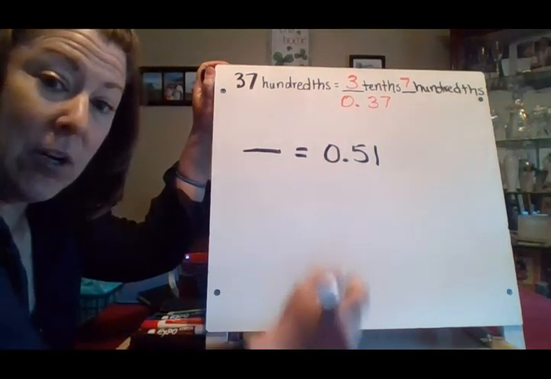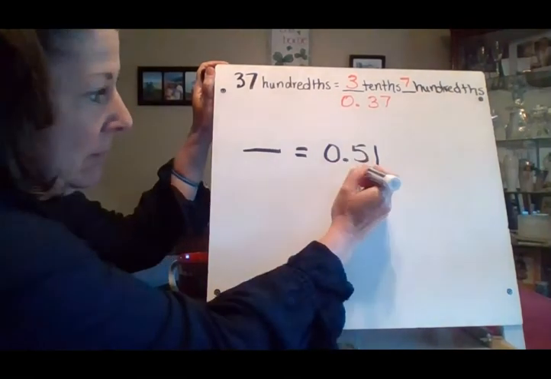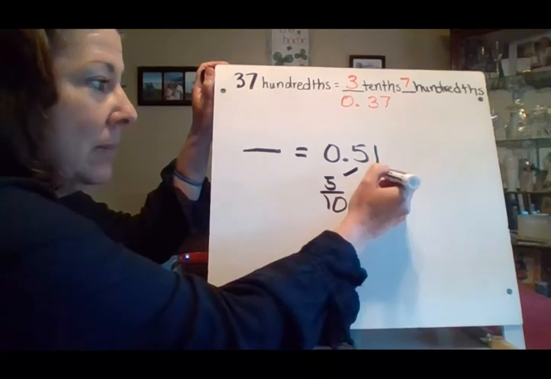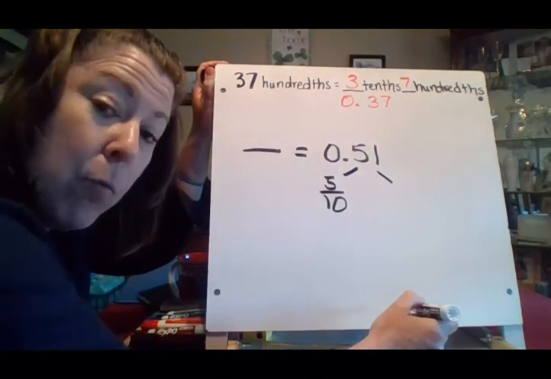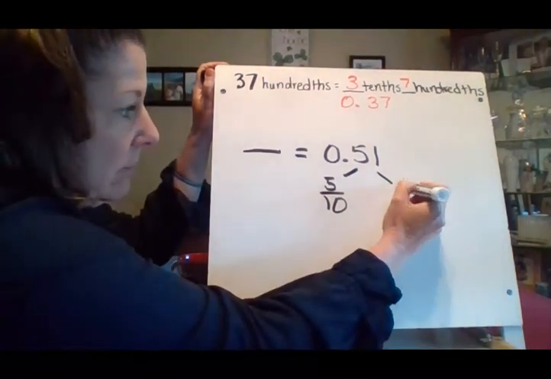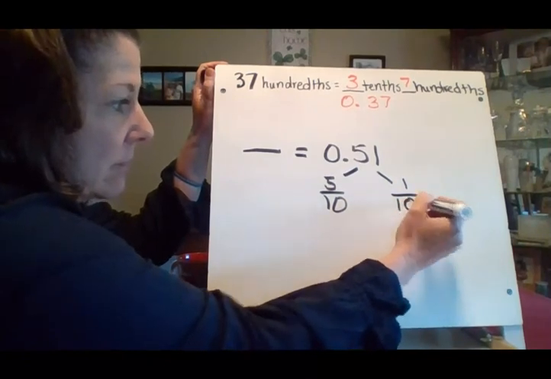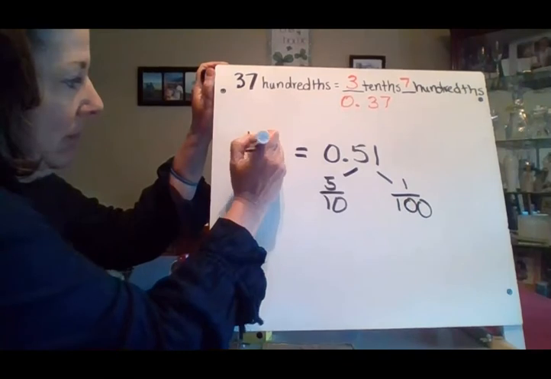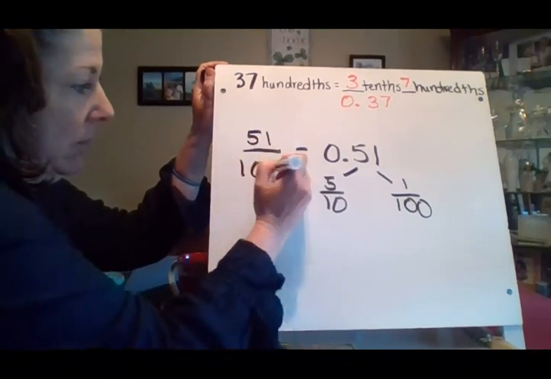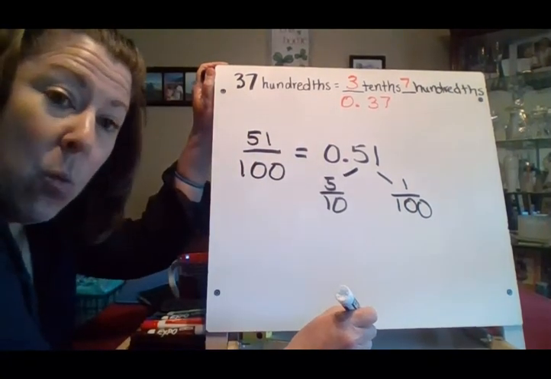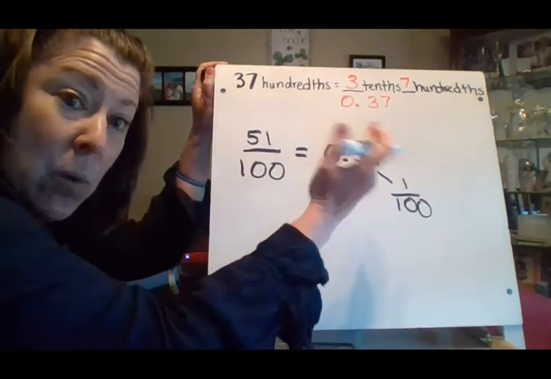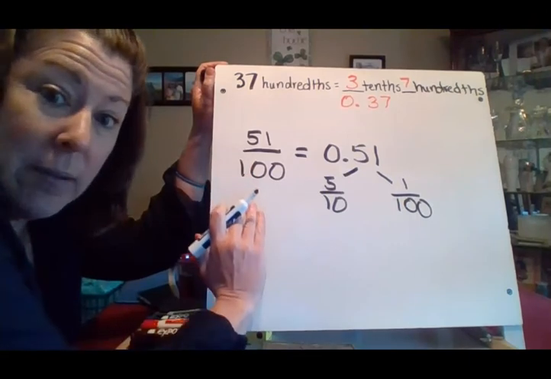Well, I have 5/10 and I have 1/100th. Well, altogether, that's 51 hundredths. Or if we were thinking of money, that's 51 cents, maybe 51 pennies.